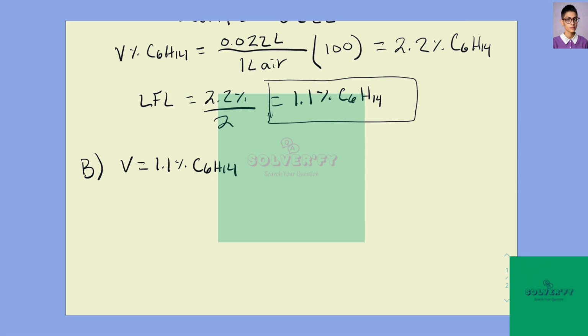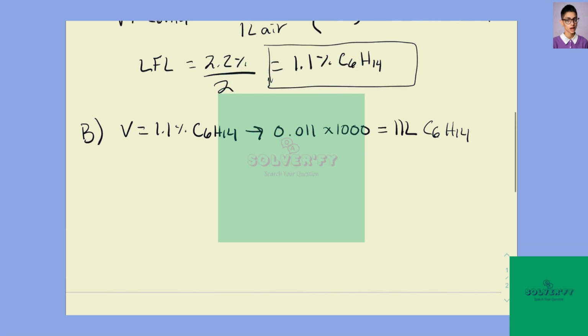So we're going to times this, 0.011 times 1,000. And this is going to get us 11 liters of our hexane. It says that this is happening at standard temperature and pressure, so we know that our pressure is going to be 1.0 atmosphere, and our temperature is going to equal 273 Kelvin.